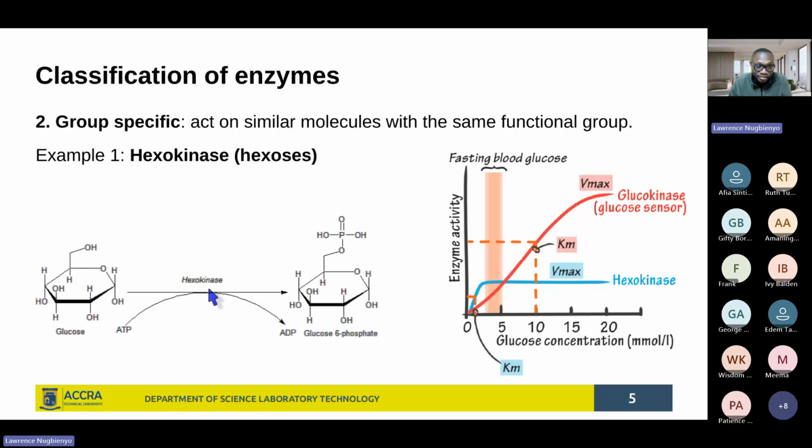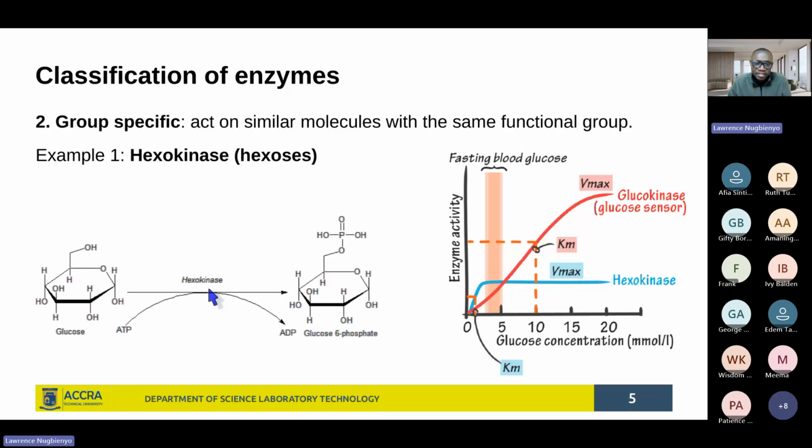So not only glucose, but all 6 carbon sugars, it can be acting on fructose, can be acting on maltose. Yes, hexokinase can be acting on all the 6 carbon sugars, but as a matter of fact, in the human system, its activity is on glucose.